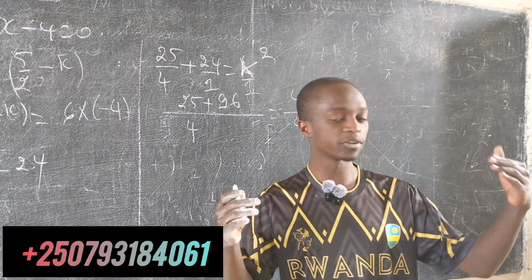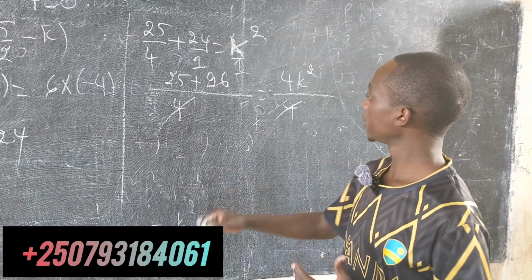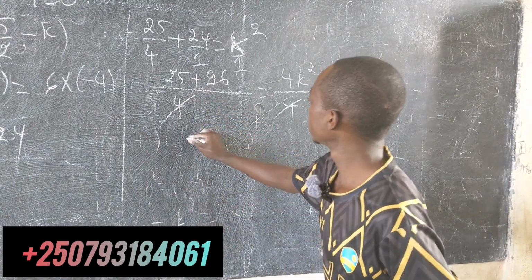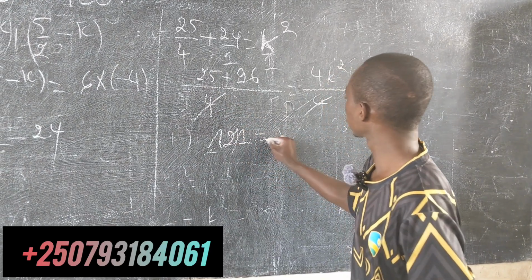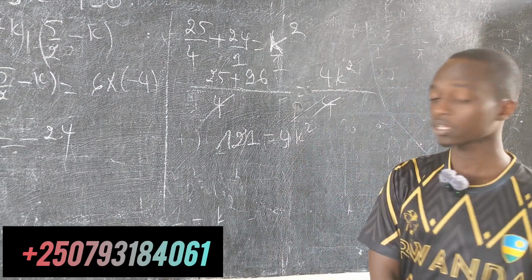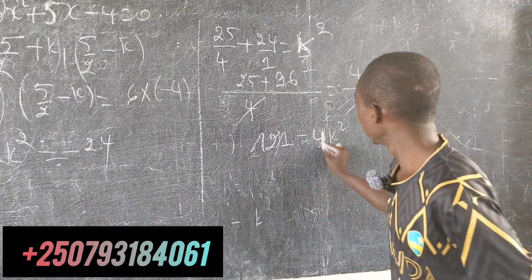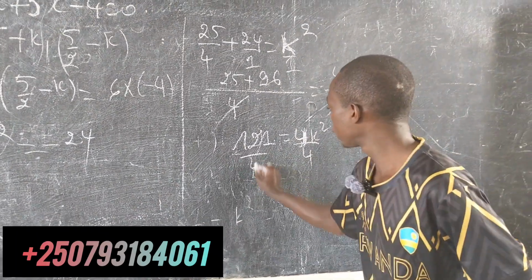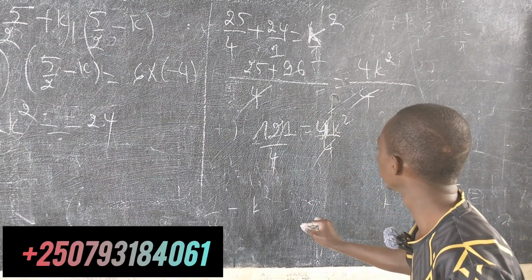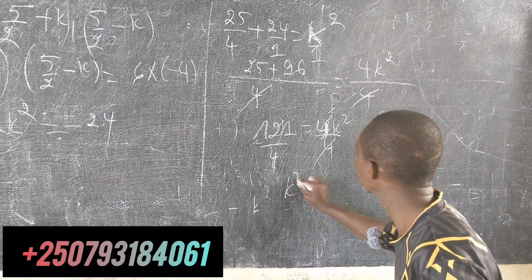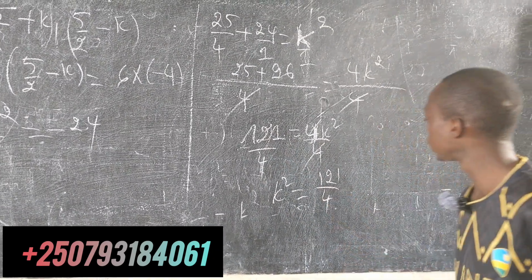We need to simplify and cancel the common denominator. So we remain with 121, which is equal to 4k squared. What about k squared? If we divide each side by 4, we are going to get 1, and we say that k squared is going to be 121 over 4.